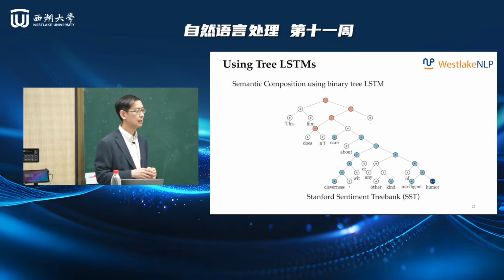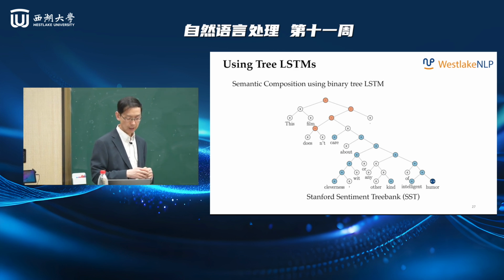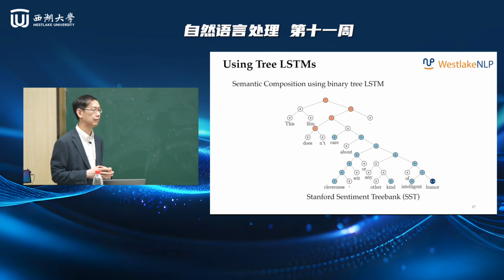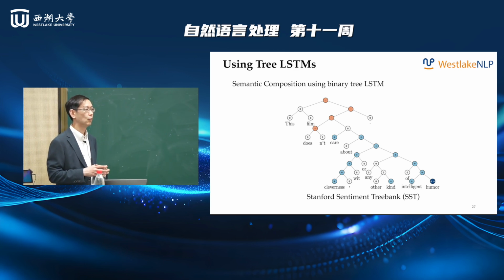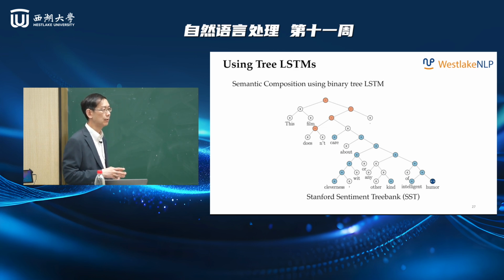When this is semantically composed with "care about" and the positive phrase, everything becomes negative when the information propagates onto the top of the tree. So this is a nice chance for you to model semantic composition.